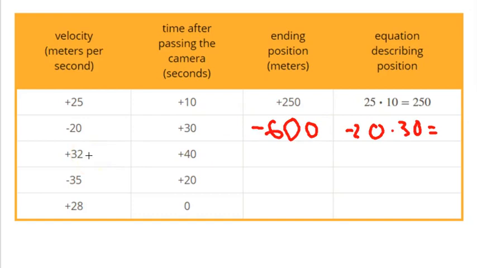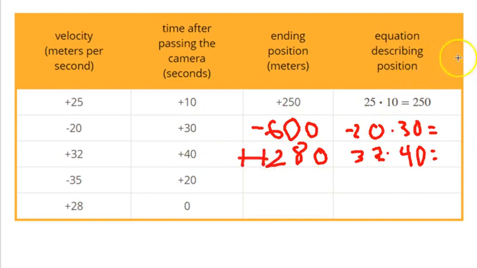What about positive 32 meters per second, 40 seconds? Yeah, so we're going to have 32 times the 40. It's going to give us a positive 1,280, right?